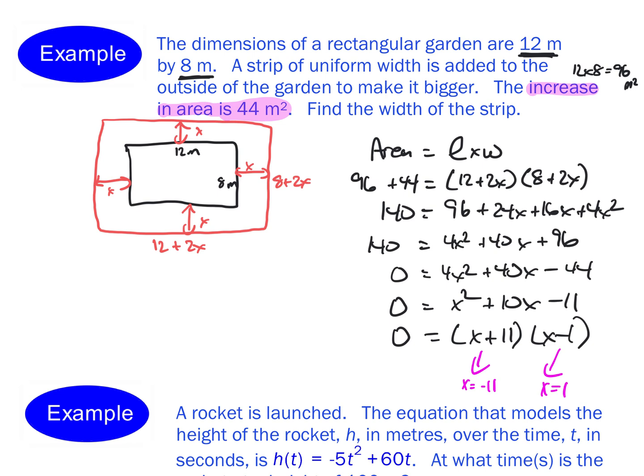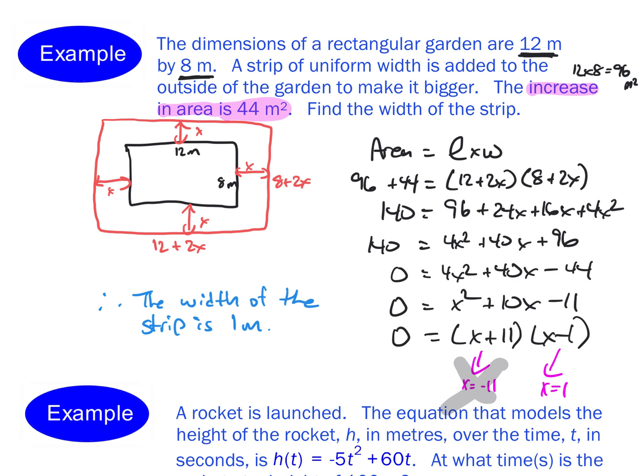Now, the very premise of this question is the length and the width are increased. So if they're increased, that means we cannot have a negative number. So the only number that makes sense is the x equals 1. So, therefore, the width of the strip is 1 meter. And that's it.